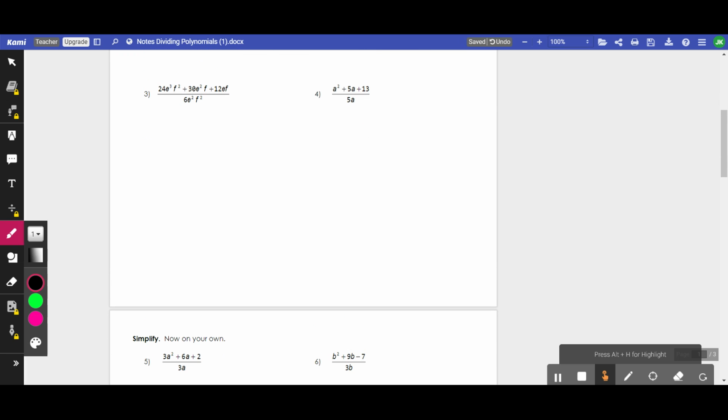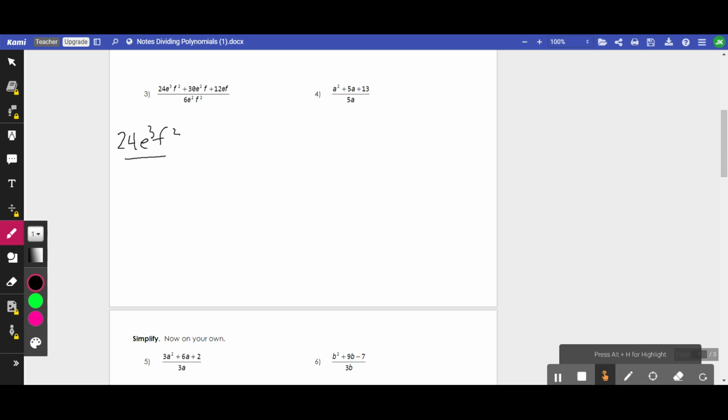So for your next two problems here, for number 3 here, you want to divide each of your terms here by this 6e squared f squared. So this is like the first two, they just already have it as a fraction here. So I'm going to write this out. So you can divide your first term, the 24e cubed f squared.